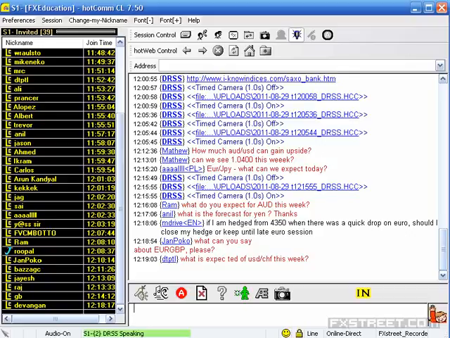Then M drive asks: if I am hedged from 43.50, when there was a quick drop on euro, should I close my hedge or keep it until the late European session? See, as far as the trading strategy is concerned, there is no need to follow any forecast. You can straight away use the trading strategy.